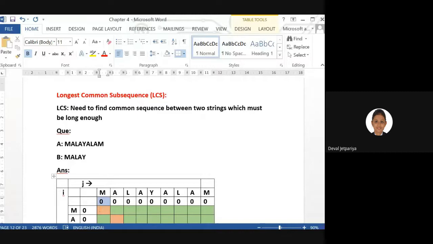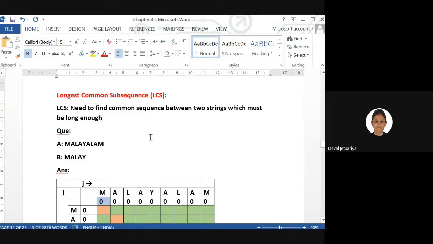Fine. So the next topic in our syllabus, that is very easy, is the longest common subsequence, which might be called LCS. Longest common subsequence, or LCS. In this topic we are given two strings, and from those two strings we try to identify the maximum length common string.